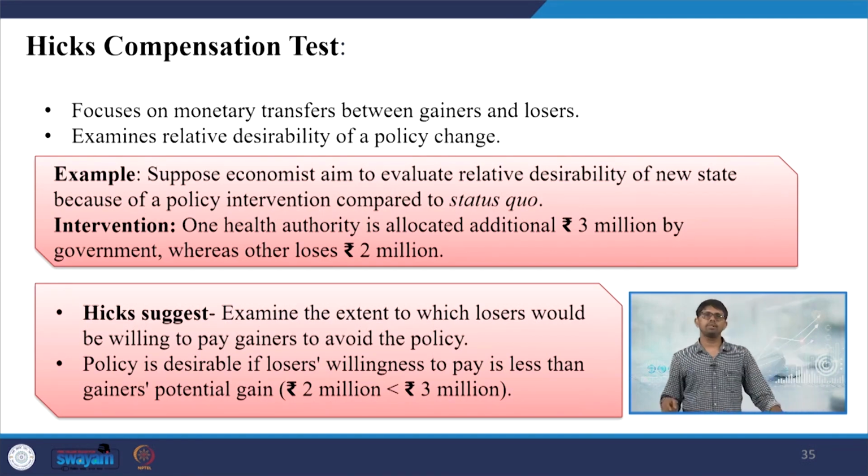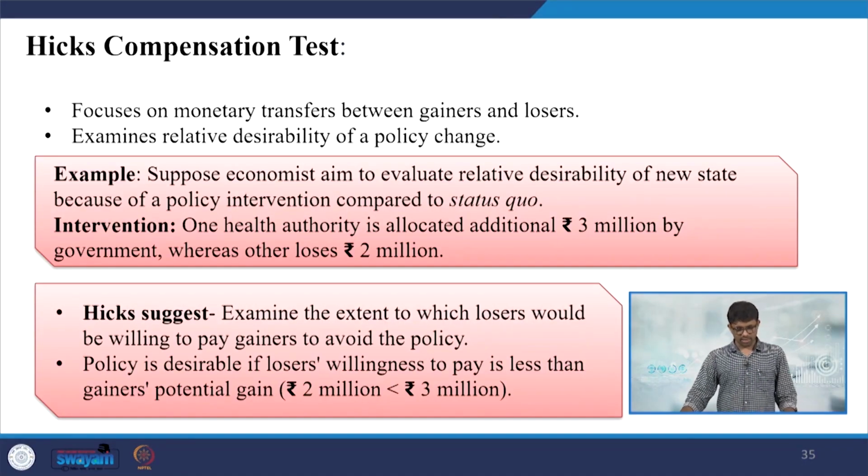A loser might give a bribe to the extent of, say, 2 million. Still that is not compensating enough to avoid the principles of the government.